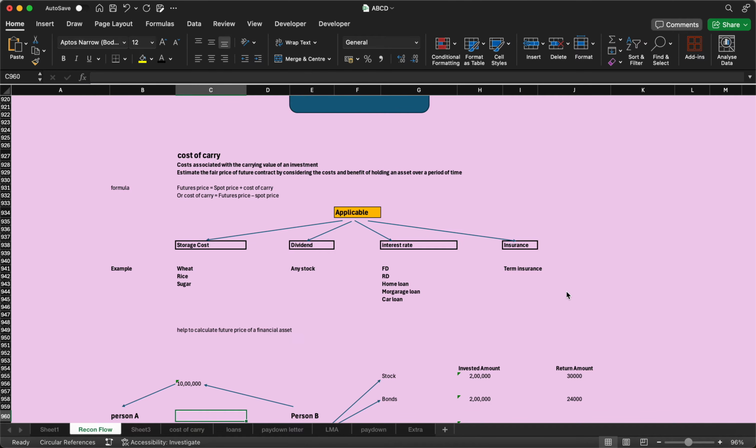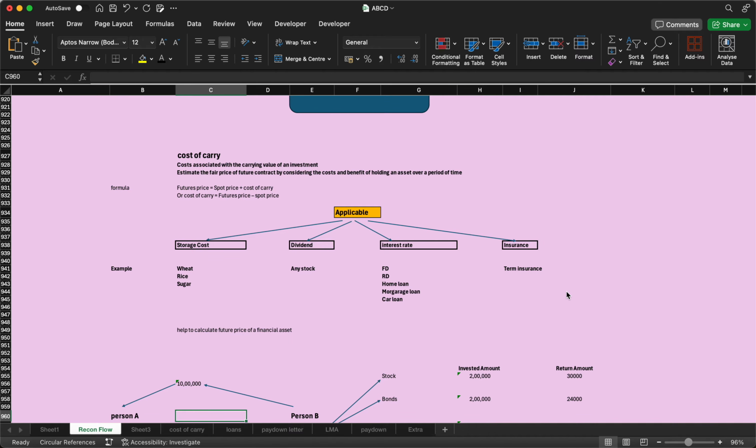I just want to give one example of how it relates. Suppose you are a farmer and you cultivate wheat in your farm area, around 10 lakh rupees of wheat. You want some place to store that wheat, so you go to the warehouse.